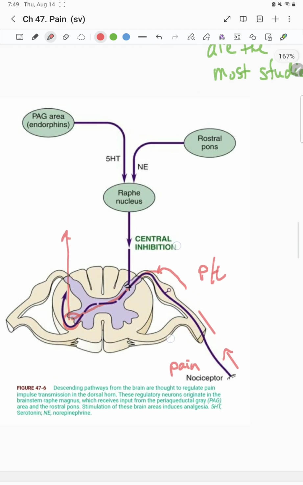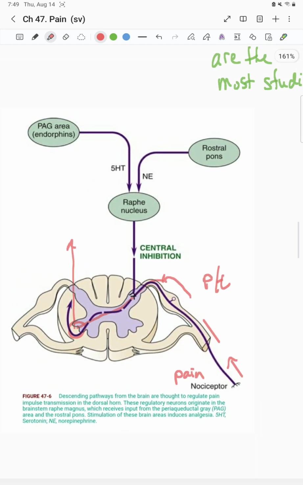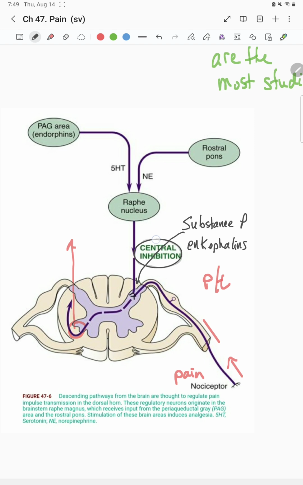Well, then what happens is, at some point during this synapse, substance P and enkephalins will be released on the dorsal horn here on the lamina, which is part of our central inhibition.